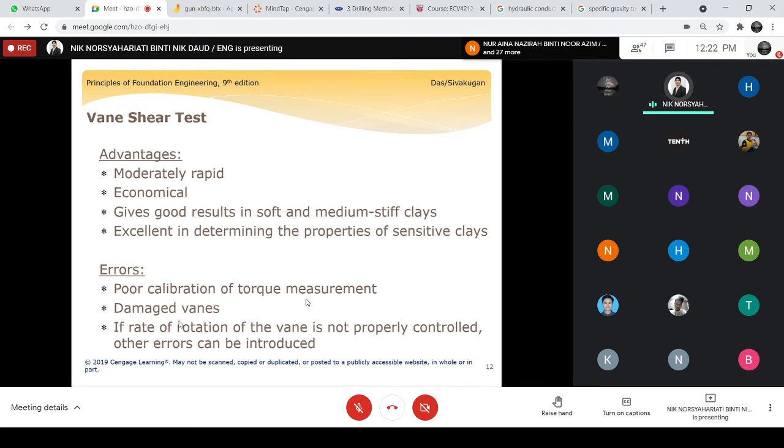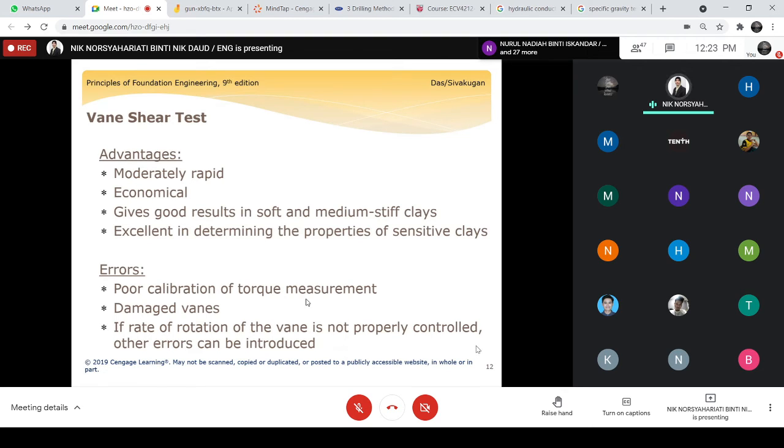Even though you say your site is, let's say, soft clays, not all the layers might be clay. Maybe there is only 1 meter of sensitive clay or soft clay, but the rest maybe is sand or soft rock, etc. Then this might damage the vanes.